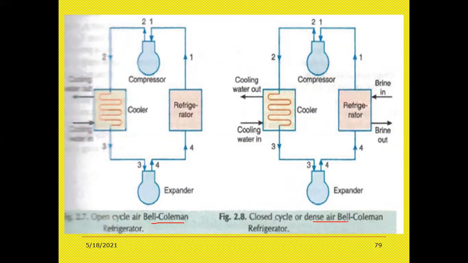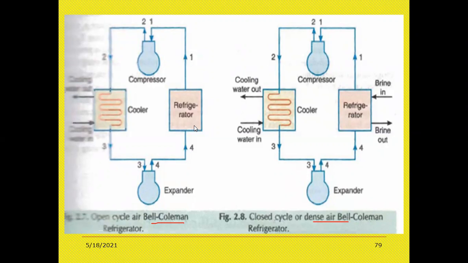If you see both the cycles, here we are adding some brine solution into the refrigerator for the closed cycle. Here we are not adding any brine solution to this process, right?